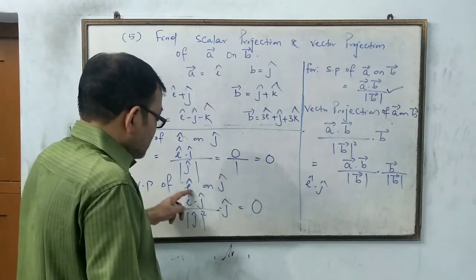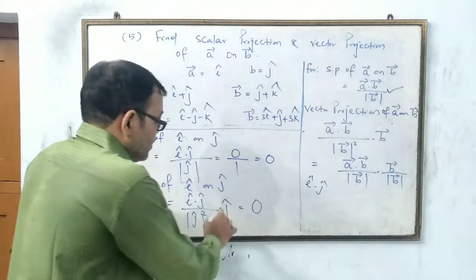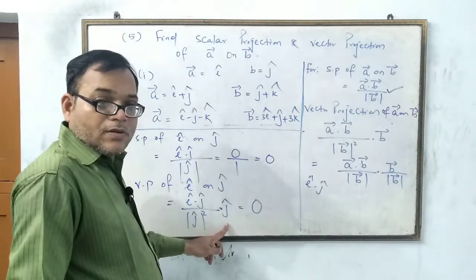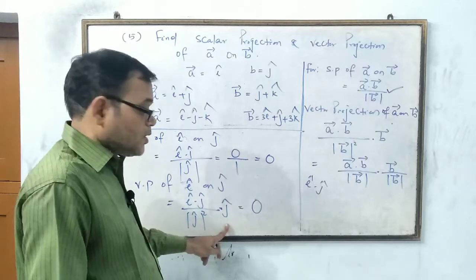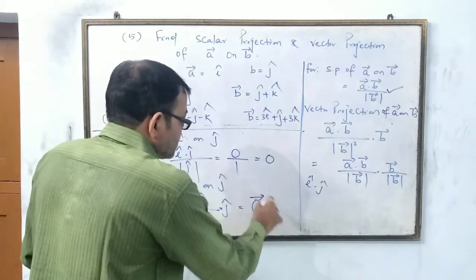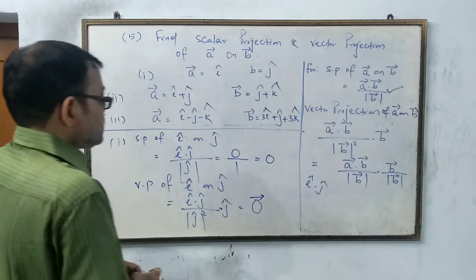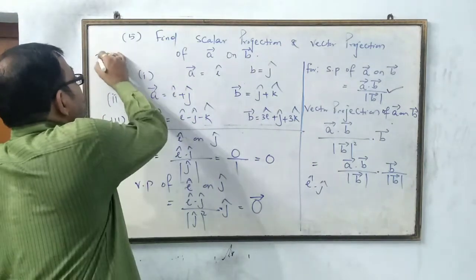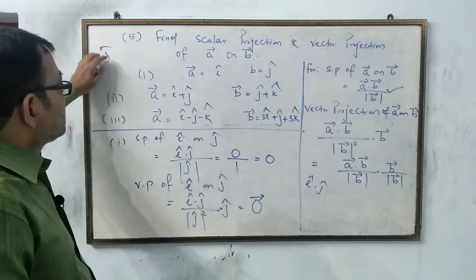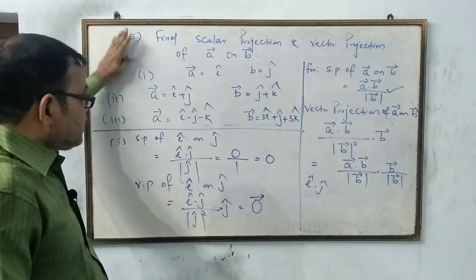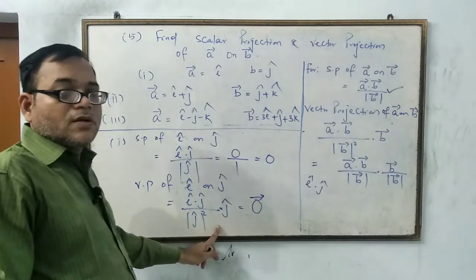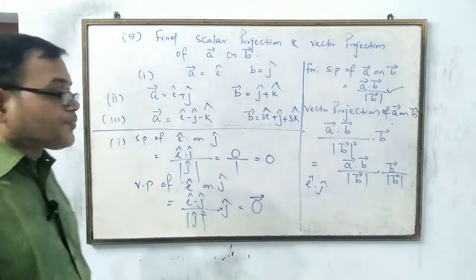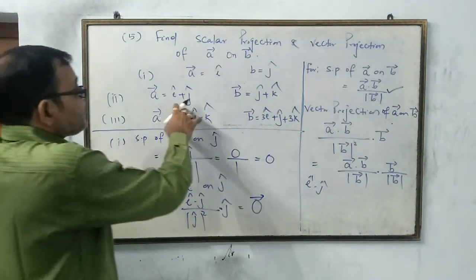You see, this is a scalar quantity, and a scalar is multiplied with a vector, so the answer is a vector quantity. Like 2 into J, where 2J is a vector. So 0 into J is also 0, but that 0 is a vector. So everything is the zero vector.